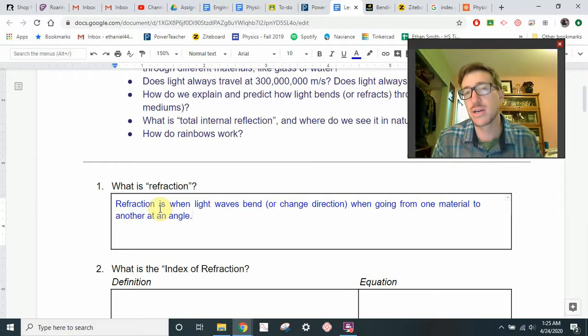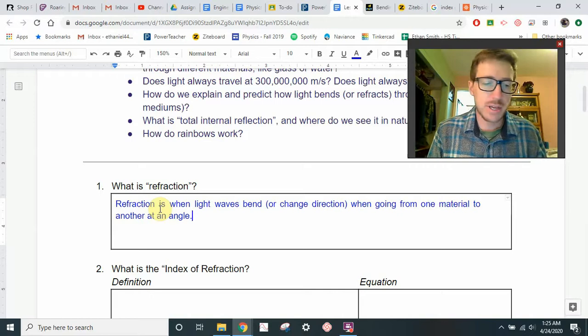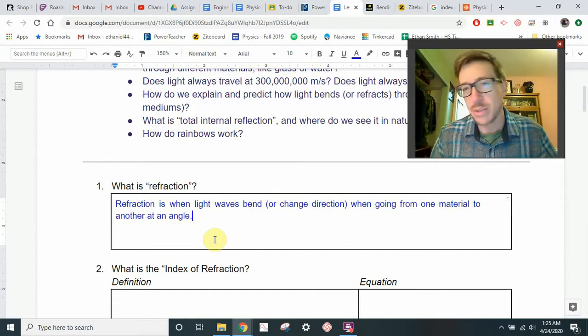So that's what refraction is. When that light bends as it exits the water, that's refraction. If you think of what light does in a prism, that's refraction. Going through a lens, like this magnifying glass, we'll talk more about these next class, but that is also refraction.